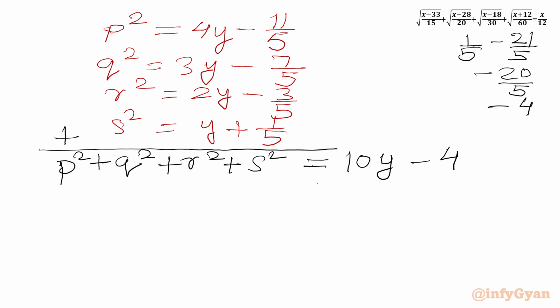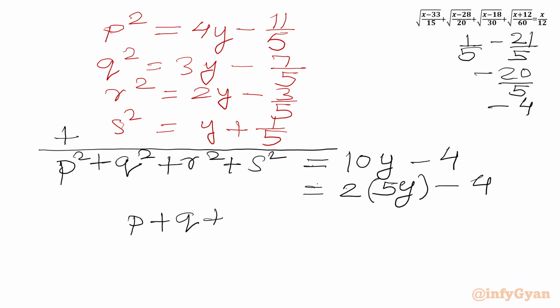So we'll write here minus 4. Now we have the first equation p plus q plus r plus s equal to 5y. So let us write here 10 is 2 times 5, so we'll write 2 times 5y minus 4.